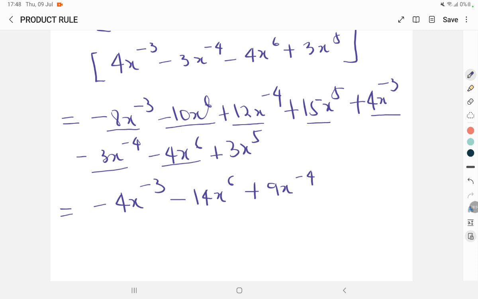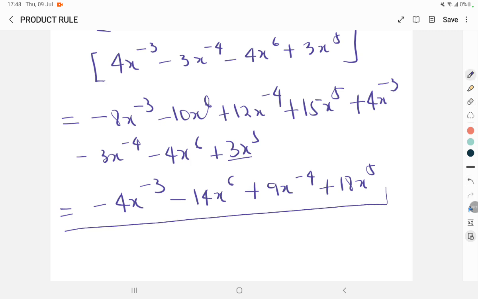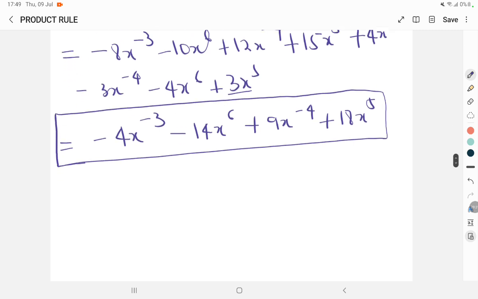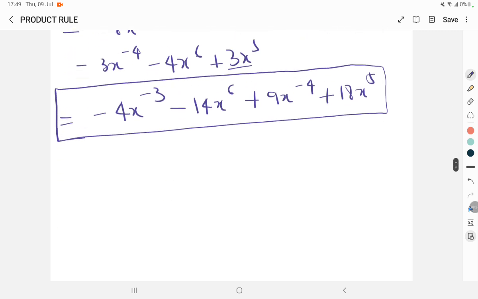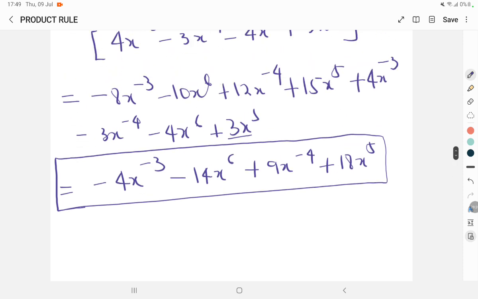Then lastly we check this one and this one, which is gonna give us positive 18x to the power of 5, right? Let me just remove these things. Right, so now this is our final answer. This is how we apply the product rule. Thank you.